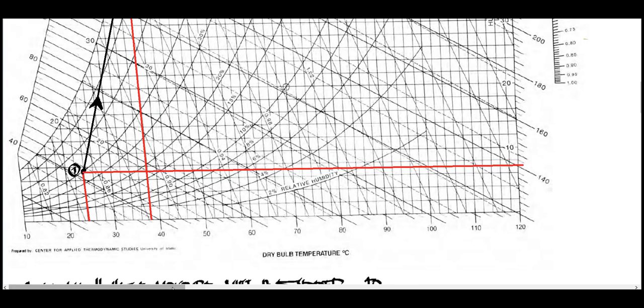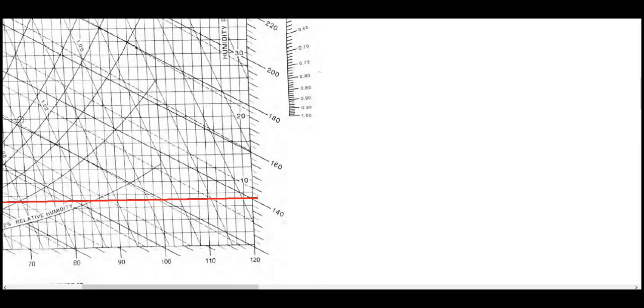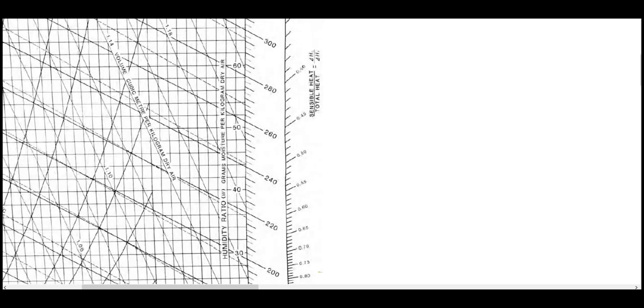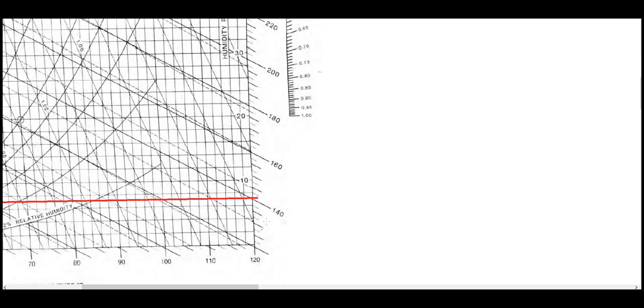Now let's interpret this one. We have here the humidity in units of grams of moisture per kilogram. So we have the value of humidity 1 at point 1. We have 0, 2, 4, 6, 8, and then your 10.